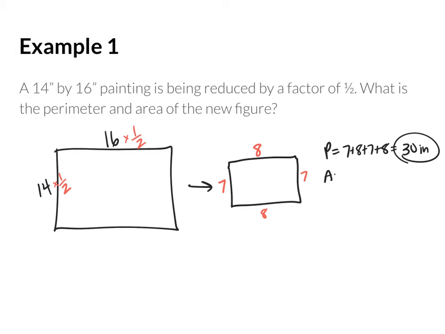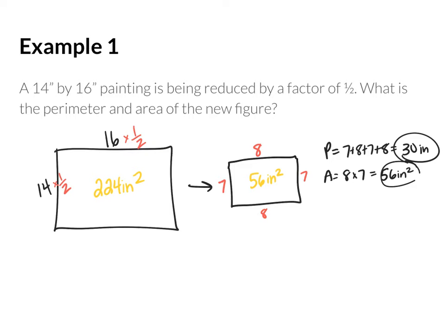For my area, I multiply the length by the width, giving me an area of 56 square inches for my new figure. I want you to note that the original figure had an area of 224 square inches. This isn't something the problem's asking for, but our new area was 56 inches.